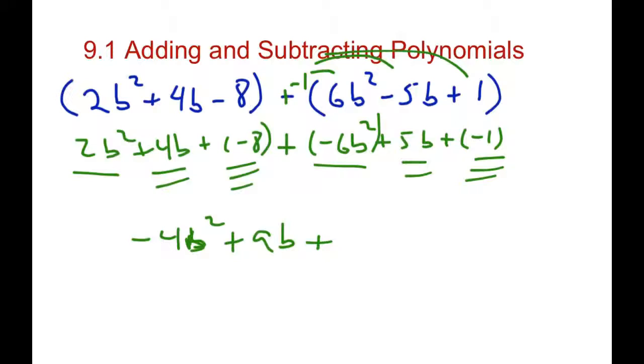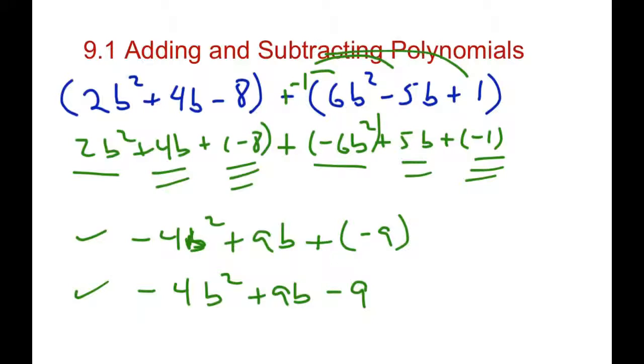And negative 8 plus negative 1 is negative 9. Okay, if you don't like that plus negative, let's go negative 4b squared plus 9b minus 9. And I'm okay with either of those answers. Alright, so that's Chapter 9, Section 1, Adding and Subtracting Polynomials.